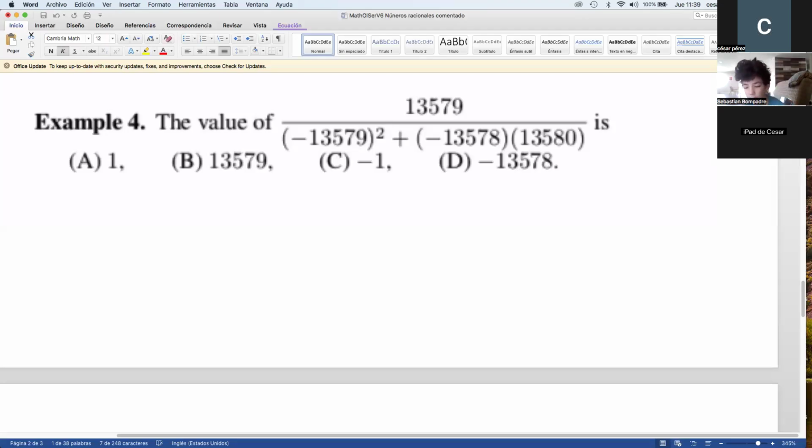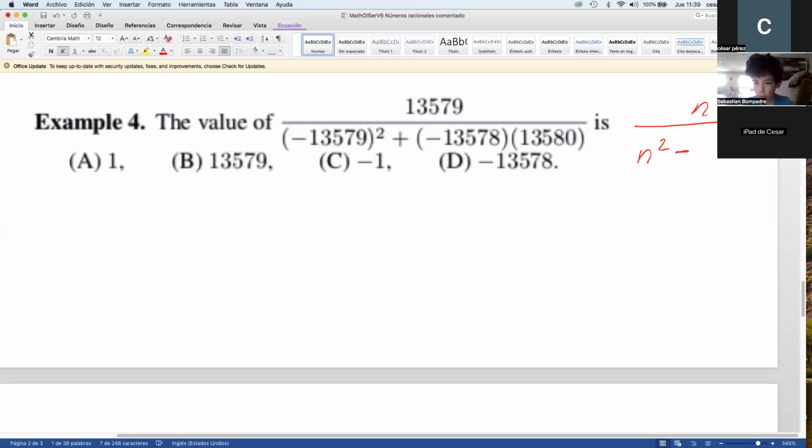13,579. Yes, that's right. How do you solve it? So let 13,579 be n. So n divided by negative n squared. Negative n squared is n squared. Plus, well, factor out the minus.